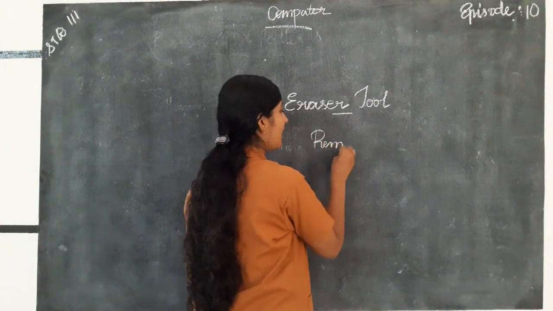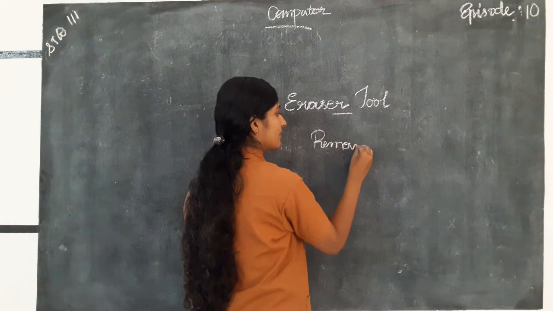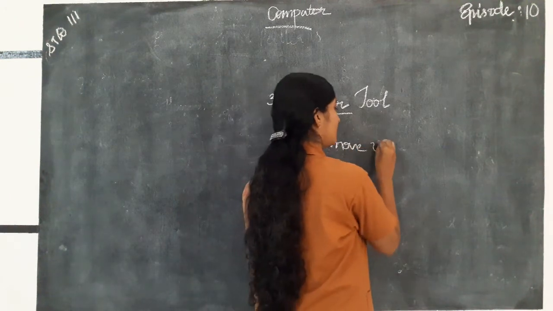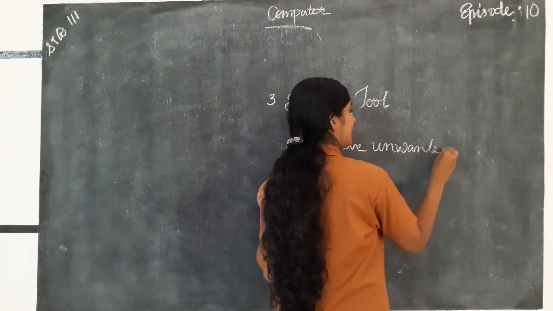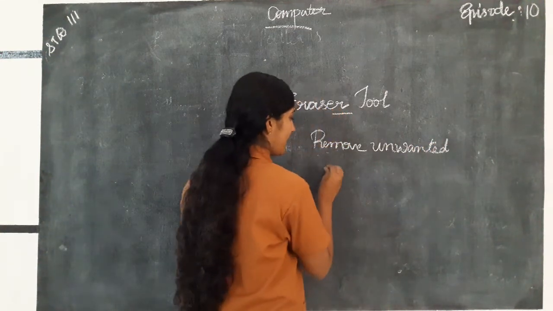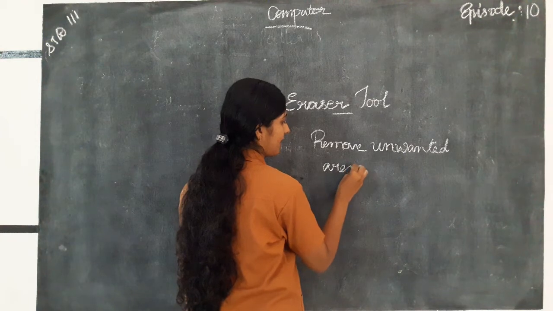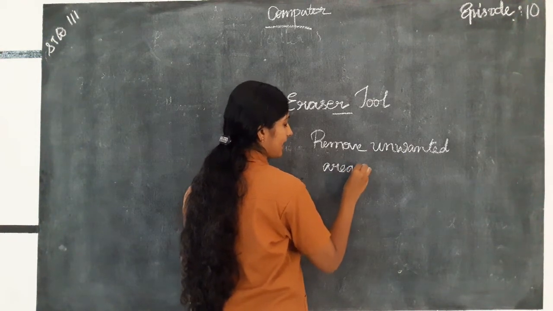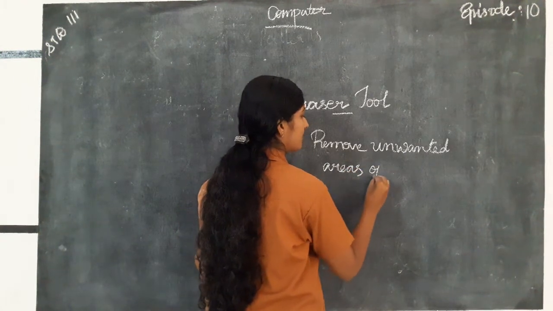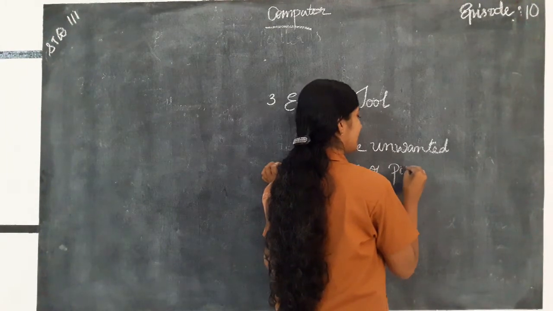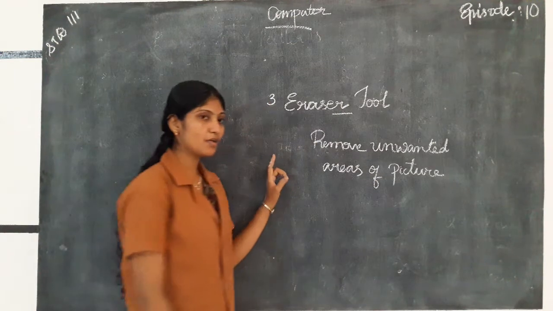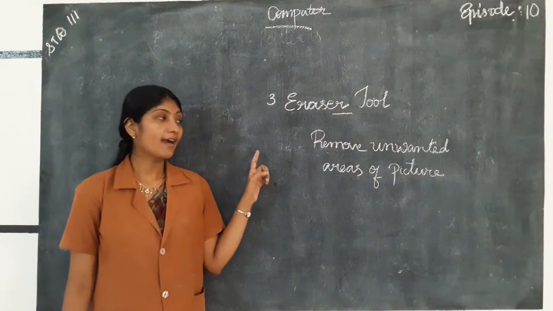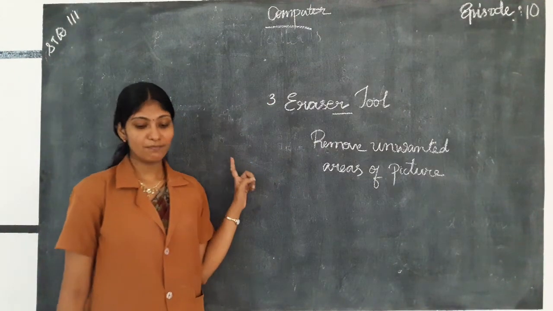Remove, R-E-M-O-V-E, unwanted, U-N-W-A-N-T-E-D, areas or parts of the picture, P-I-C-T-U-R-E. So what is the use of the eraser tool? To remove unwanted areas of the picture.